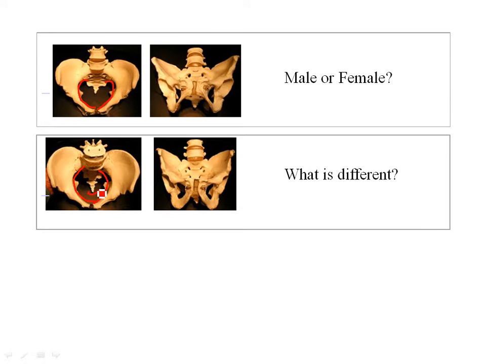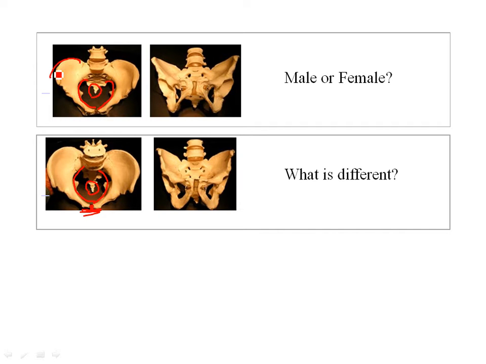Look at this particular bone right here, which is the coccyx, commonly called the tailbone. On this particular pelvis, it's tilted toward the front. Of course, here's the front of the pelvis, that's your pubic symphysis, that little fibrocartilaginous pad. And on the one at the top, you can see the coccyx is pushed back a bit more. So a couple of differences there.